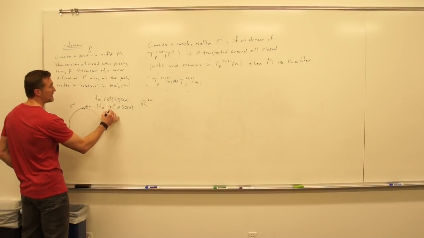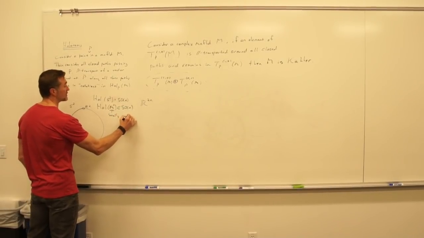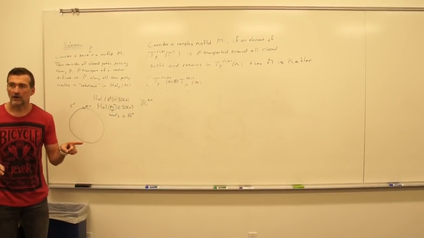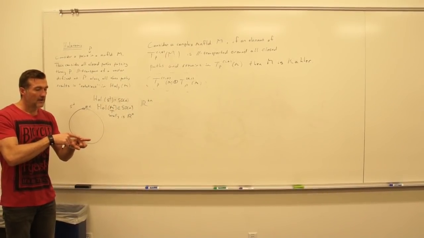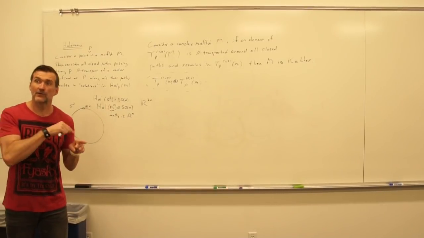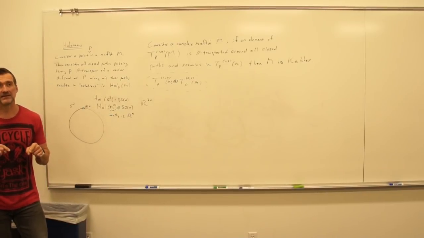Locally, if I have an n-dimensional manifold, this looks like Rn. So the tangent space is going to look like Rn. If I take a vector in Rn and take it around a closed path, it's got to come back to a vector in Rn. It begins and ends in the same tangent space.